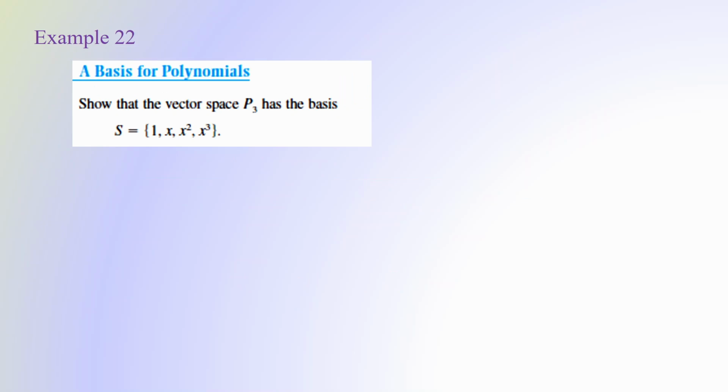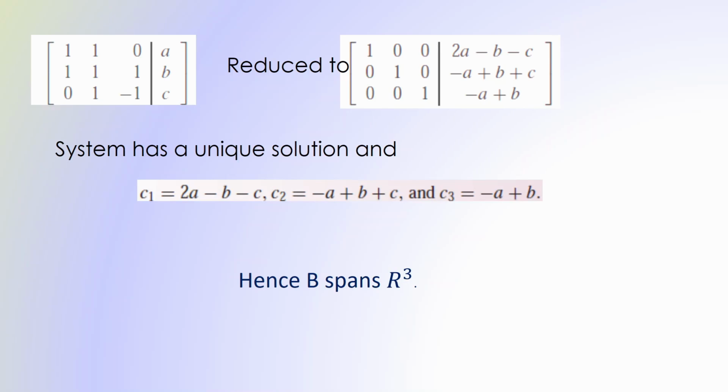First we have proved that B spans R3. Now we want to prove that it is linearly independent. When you take the linear combination equal to 0, we should be able to prove that all the coefficients are equal to 0.